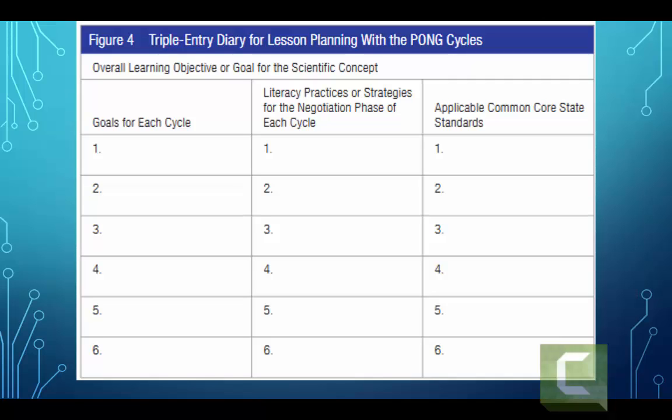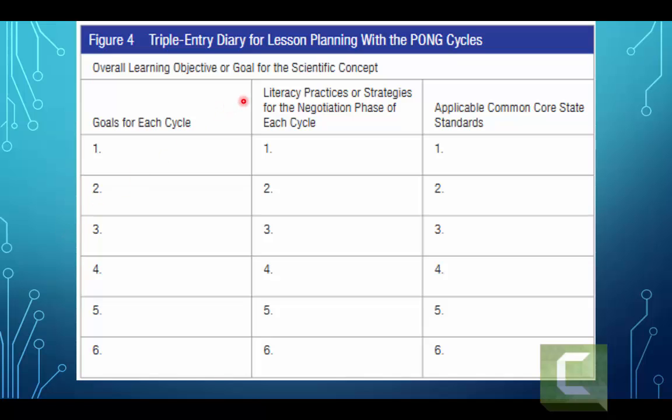So now you're probably thinking, oh my goodness, I really want to put this in my classroom. And I'm glad for that. So here is a chart that will help you do that. So you can first think about the goals for each cycle. And we have the 6 cycles, so just put one goal for each cycle.